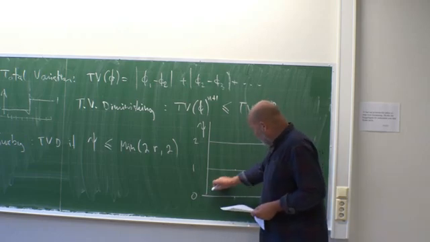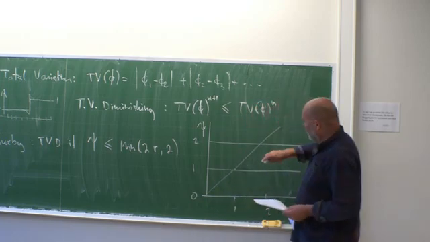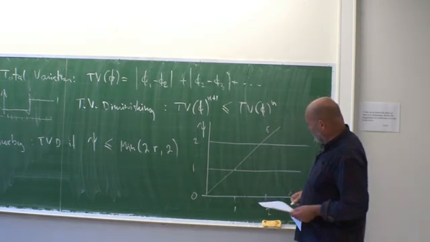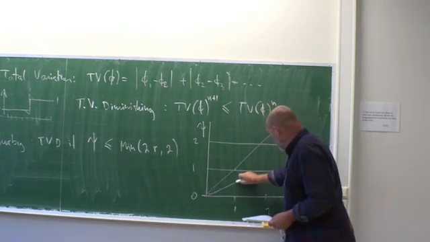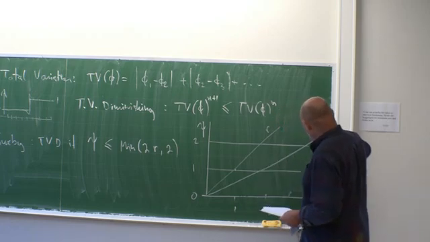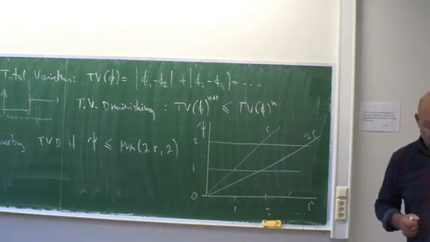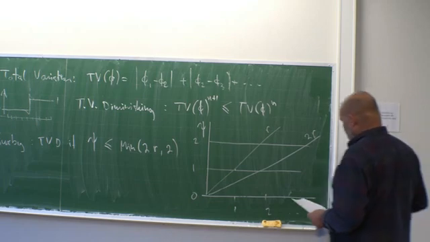Here we have psi equals r. Psi equals 2r must then be something like this. Or did I choose it wrong? No, I said it the wrong way, didn't I?